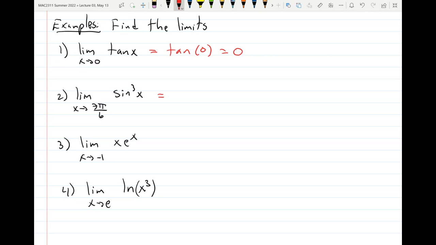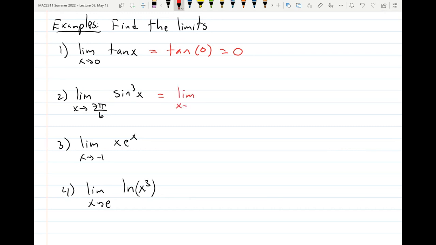For this one, notice that here we're calculating the limit as x approaches 7 pi over 6 of the sine cubed of x. So in this case, we need to use one of the properties. Remember that it says that when you have a function raised to a power, then the limit will just be whatever the limit of the function is, raised to the power.